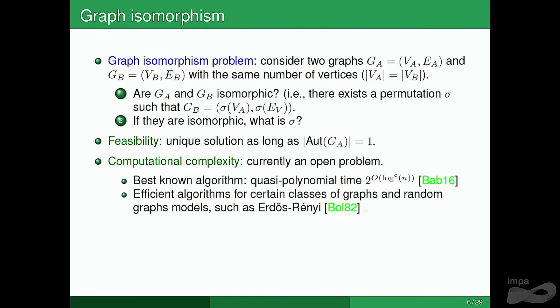And basically, this is a quasi-polynomial time algorithm. So it's not polynomial. It's slightly slower than polynomial. So that's why this cannot be solved super efficiently, in the usual sense of having a polynomial time algorithm to match the two graphs in general. But it's very close to being computationally efficiently solvable.